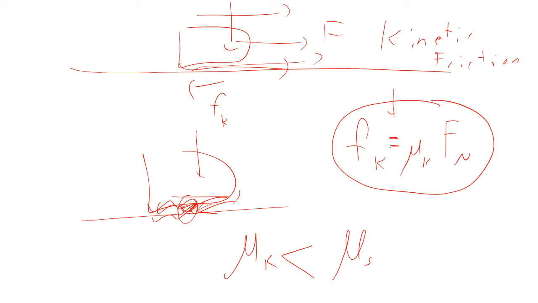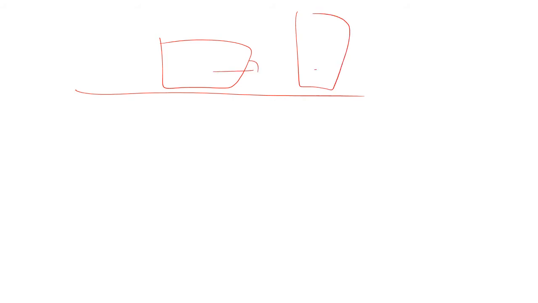Now, the interesting thing is that if you have an object with the same surface conditions and the same coefficient of kinetic friction, then to a first approximation, the area doesn't matter.